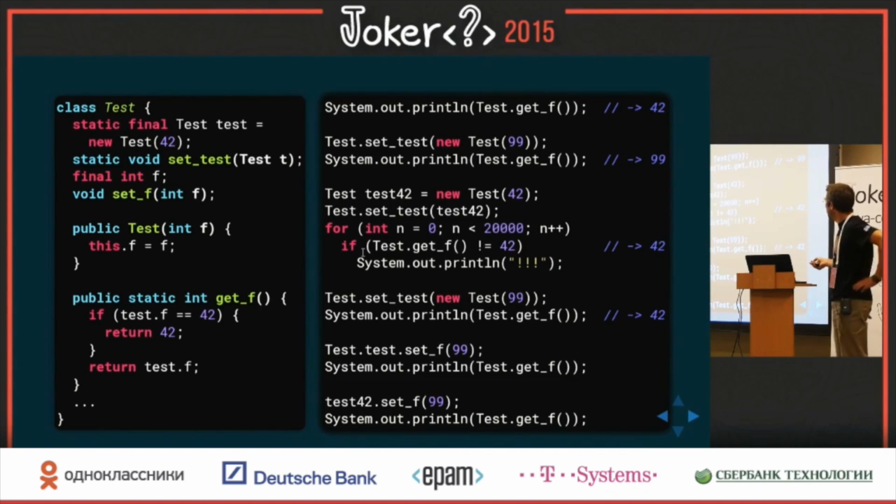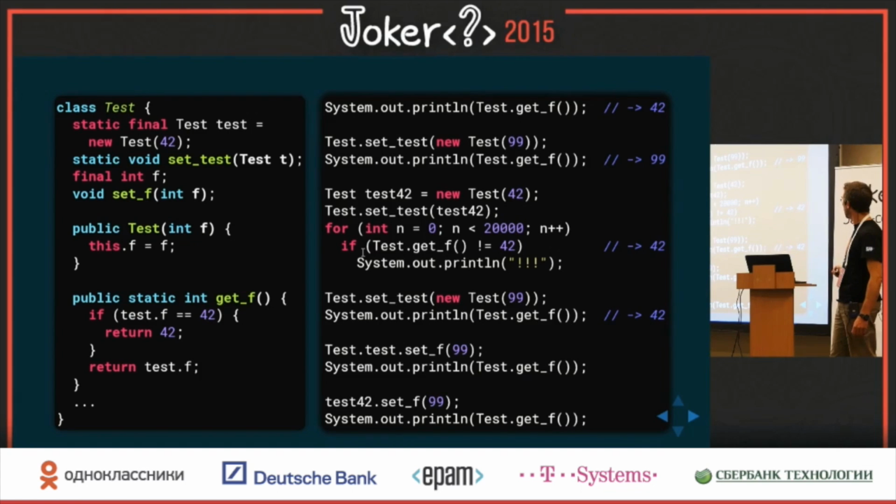We print 42 because we have actually reset the static test field here, but the just-in-time compiler, and we will look at the generated code in a minute, has already optimized this field here, and because it's final, it has assumed that it will never change, and it has replaced the load of this static final field by the object itself, and the object has the value of 42.